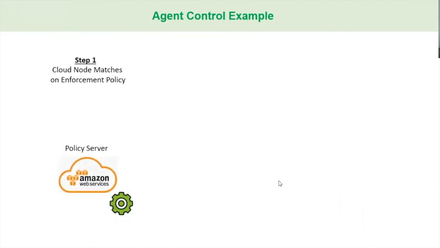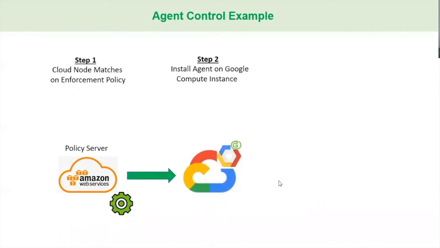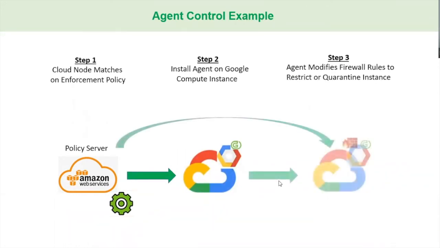For the last control example here, we'll talk about using the agent. Again, we're going to switch our policy server to AWS because it doesn't really matter where that resides. And we'll go back to Google Cloud as the cloud provider that we want to control instances on. The agent's installed. When a policy failure occurs, the agent modifies the firewall on the Google Cloud instance in real time.